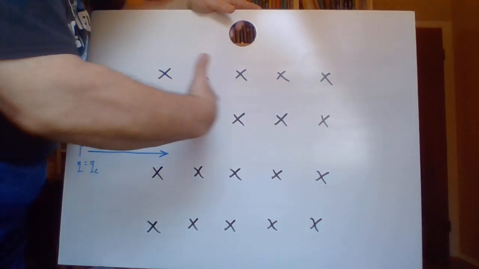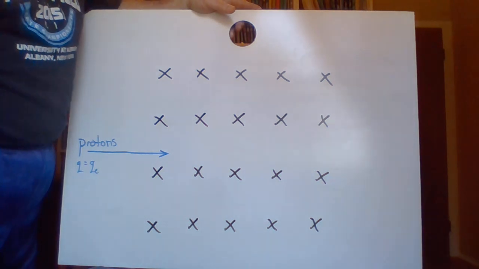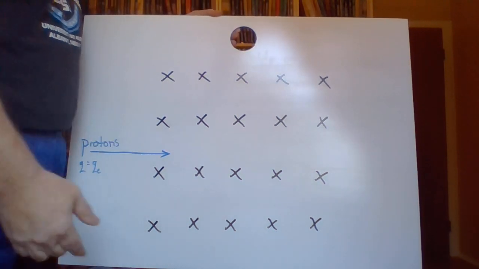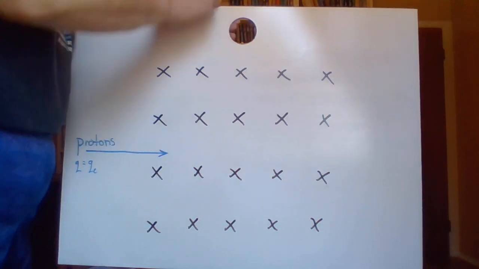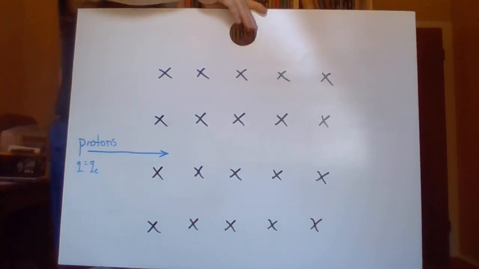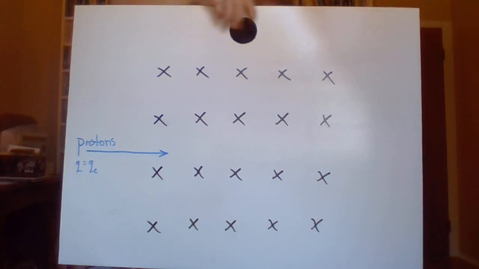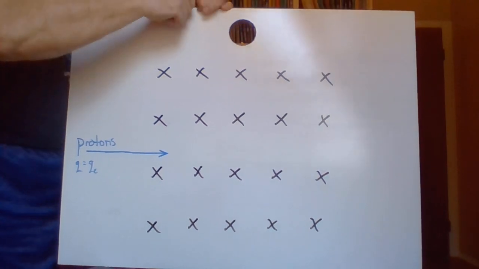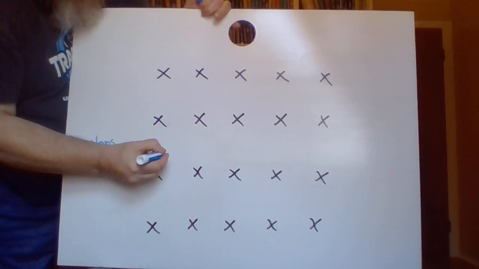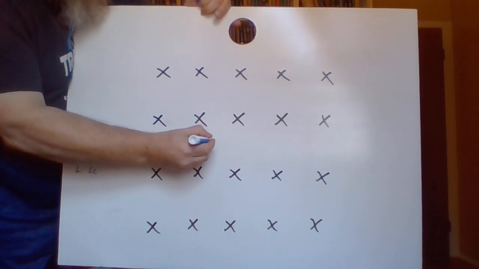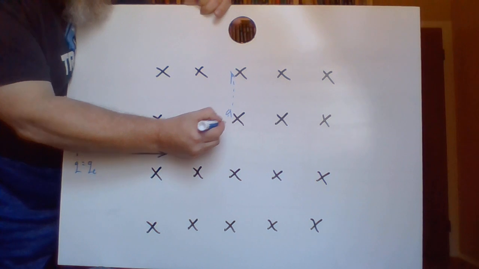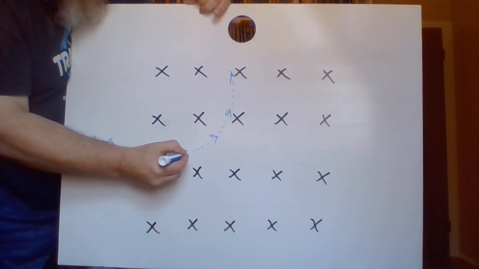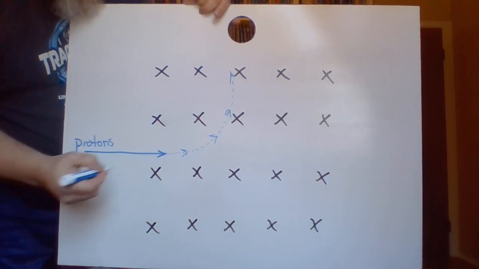Again, the force is acting continuously perpendicular to the motion of the particles, and it would create a situation where this would be the motion of the protons moving in the field here.